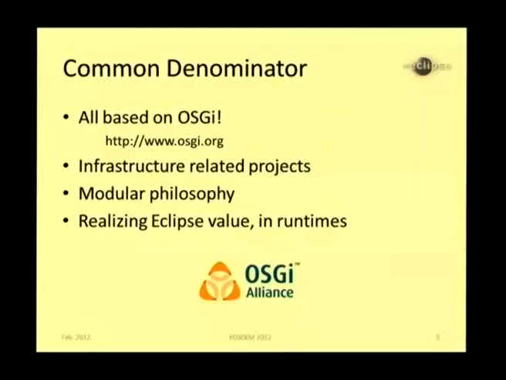And Eclipse, especially the Eclipse IDE, has a tremendous value built over time, right? And that's also interesting for a lot of developers in other environments, in runtimes as well. As you could see, a lot of these projects are actually related to infrastructure. Jetty, for example, or Virgo, they are containers that allow you to build a whole set of new applications.